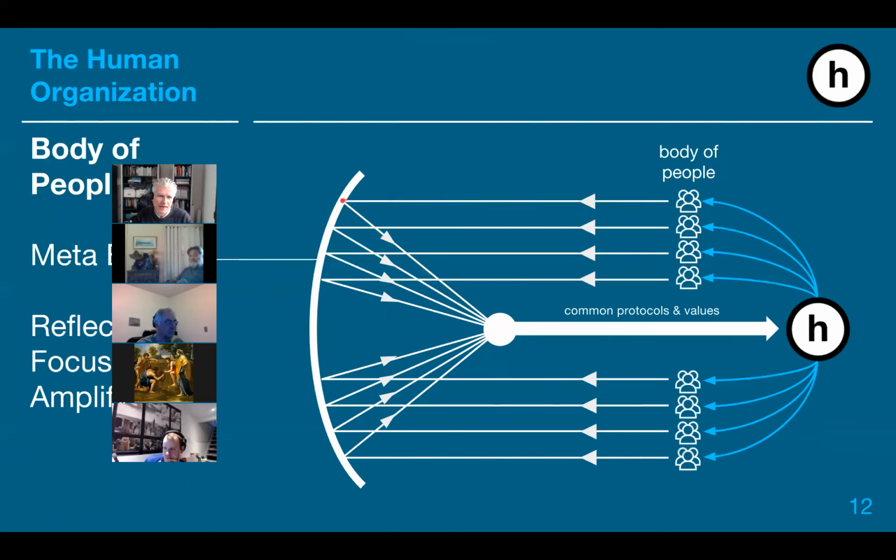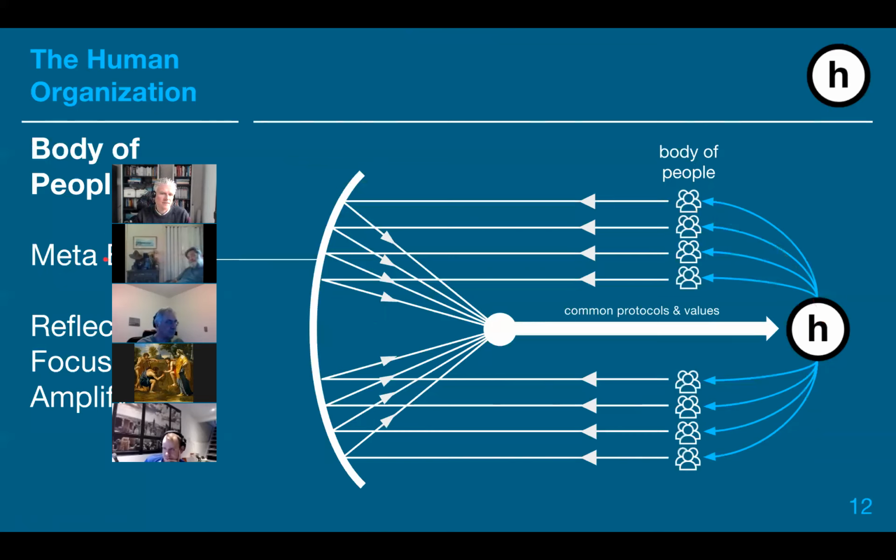So you come in here, and the only function of the meta body is to say, hey, there are some common protocols we want to introduce here, some shared values. If you join us, or if you look at some of these protocols or use some of the features, we get to a common stream, a focus stream that leads to something called the human organization, right?